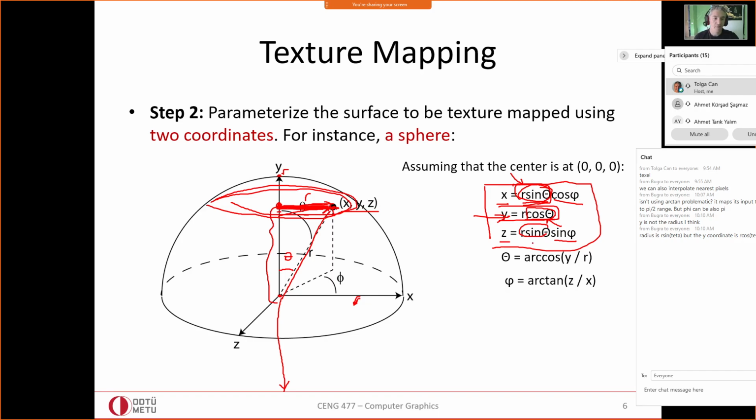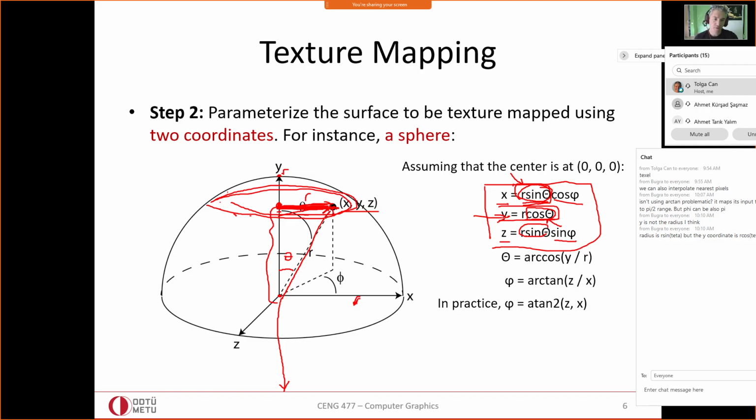R cos phi, R sin phi gives the xz coordinates on the circle that is parallel to the xz plane. So all of the points on this slice will have the same y coordinate. I hope it's clear. Thank you for correcting me.